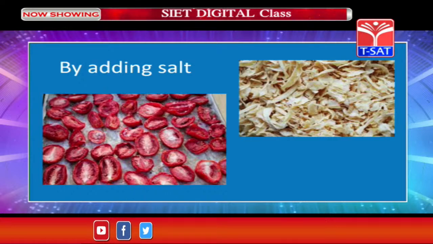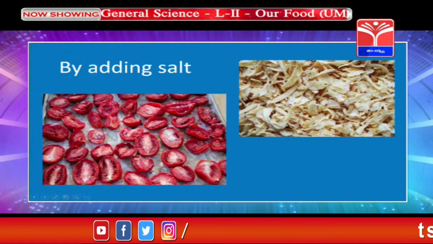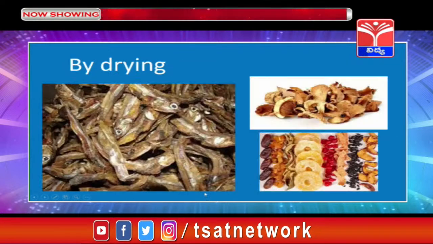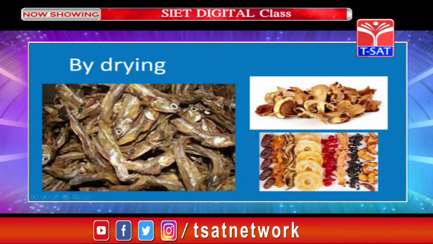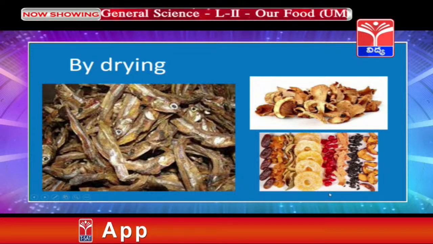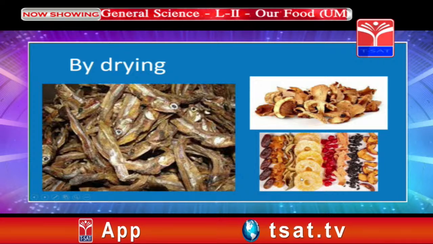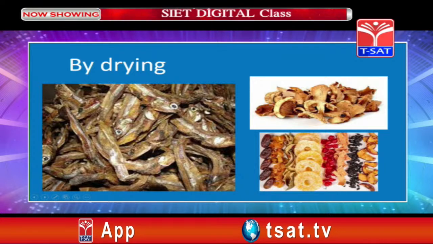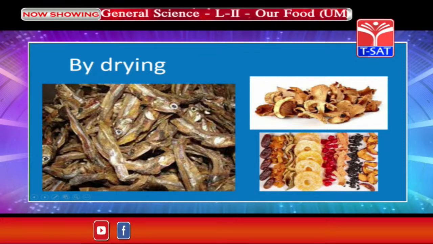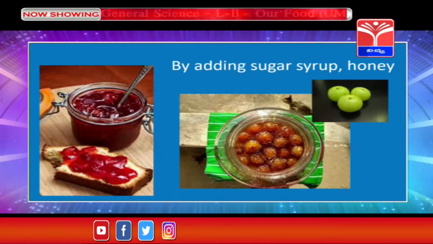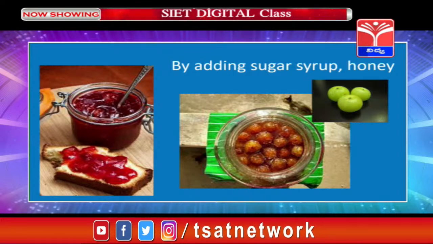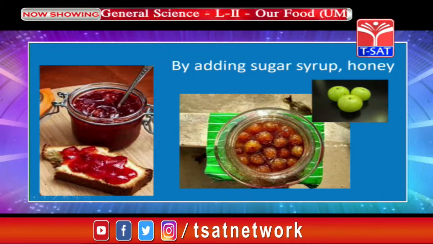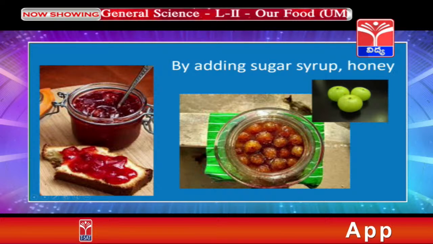Now the third method is drying. Like this we can do fish and some vegetables and some fruits. Dry fruits we have seen, no? This is the dried orange, you can see, kismis, and some other fruits are also dried to preserve them. Now the next method is by adding sugar syrup and honey. You must have eaten jam.